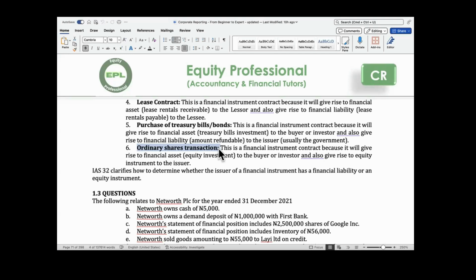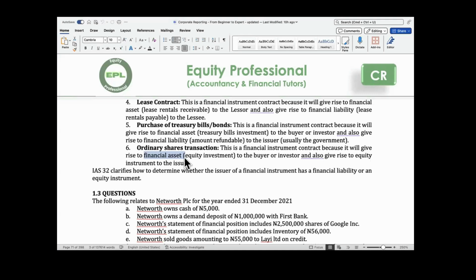So when you have an ordinary share transaction, it is a financial instrument contract because the buyer, the investor, has a financial asset. Even though he doesn't have a contractual right to receive cash, remember that a financial asset includes an equity instrument of another entity. I hope you remember that part of the definition I gave you.